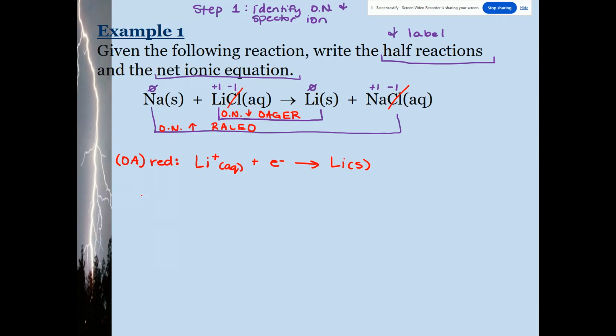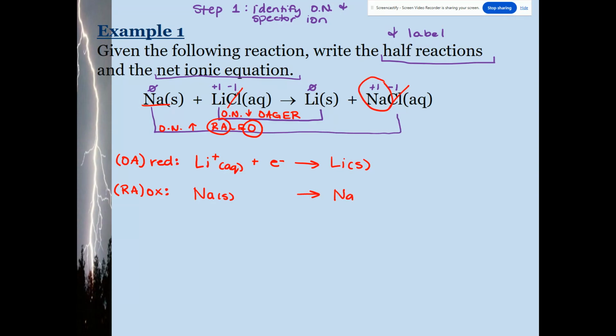Okay? Again, when it's gaining, the electron is a reactant. Now, my other half reaction is for my reducing agent, which is undergoing oxidation. So I write ox short for oxidation, red short for reduction. You can write the whole terminologies out if you want to, though, but this kind of just makes it a little shorter. So my reducing agent undergoing oxidation is sodium. Sodium is starting as an atom and turning into a free ion. Right?